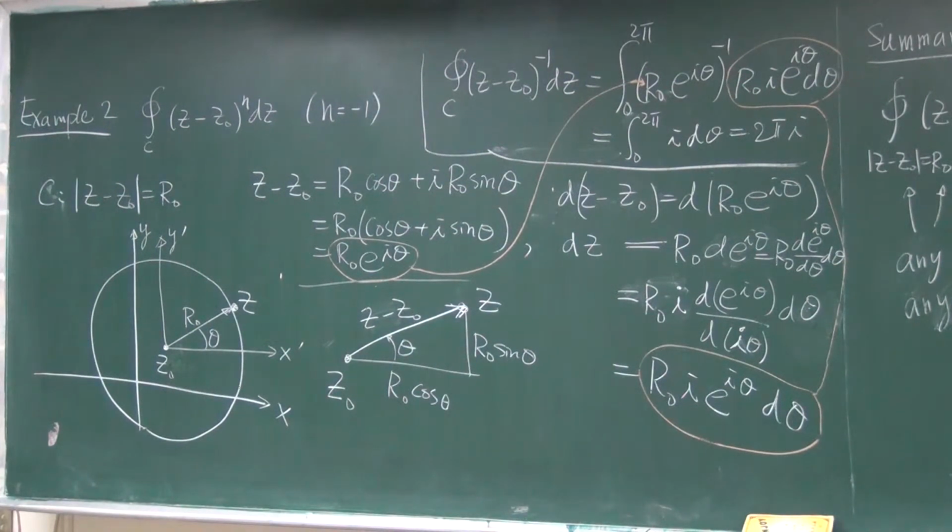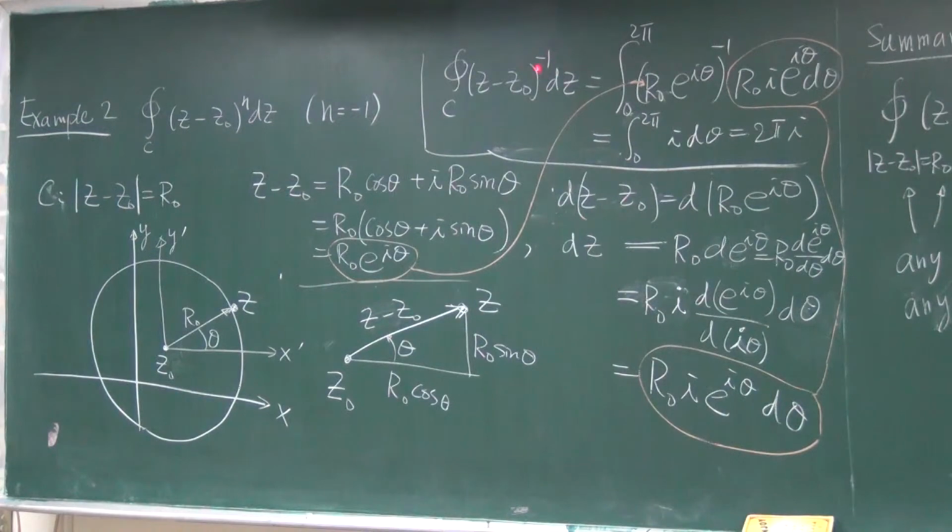Also, exponential I theta and exponential I theta will be cancelled out too. So what remains is just the constant I, the imaginary number. The integration is easy now. It's just 2 pi. So in this way, we get the result. The integral of this term is equal to 2 pi I.